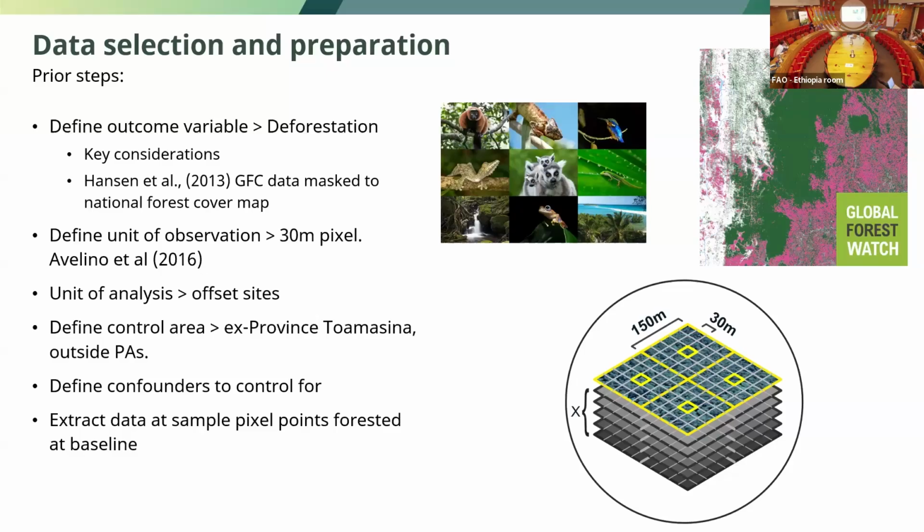We used a grid-based sampling strategy to select pixels so that we're not using all of the pixels because that would be huge. So we sample pixels that are 120 meters apart from each other. And then we extract the values of all of these environmental covariates, geographic covariates at those points.